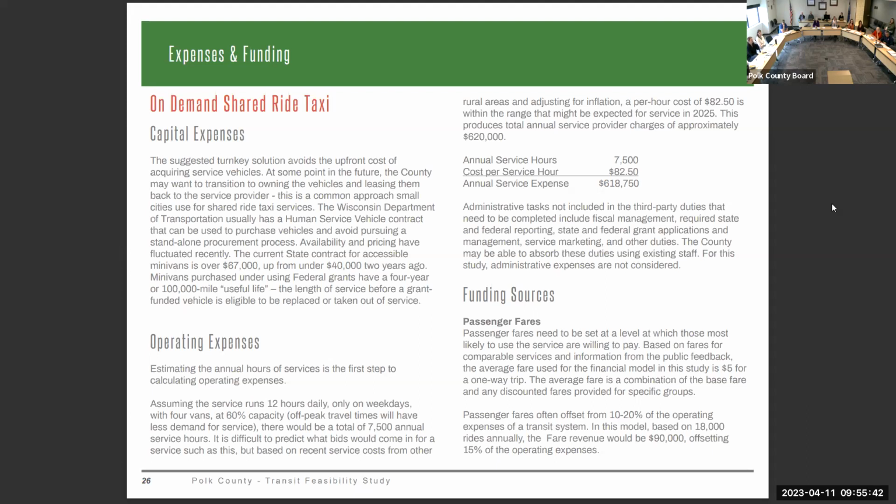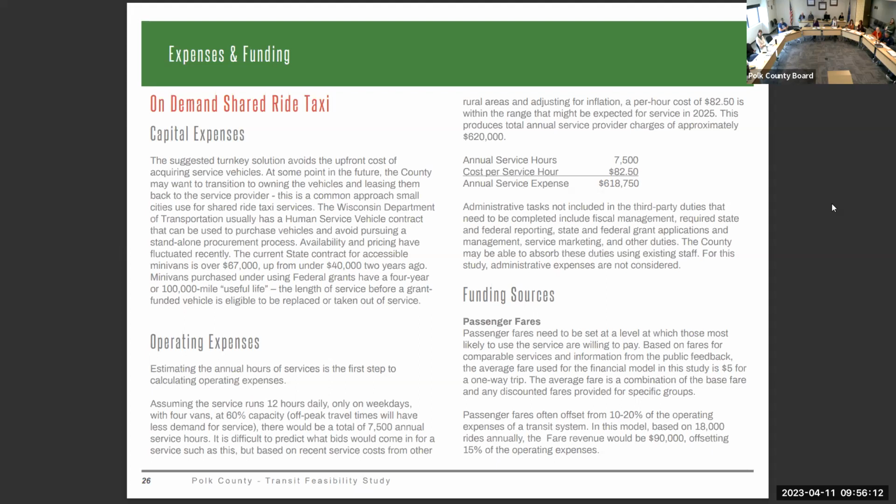So there are grants available for that through the state, and the county would be looking at the rural funding that comes through the state. So operating expenses, I forecast the cost per service hour based on the inflation that we've seen recently, and then also having the contractor supply the vehicle would drive up the per hour rate pretty significantly.